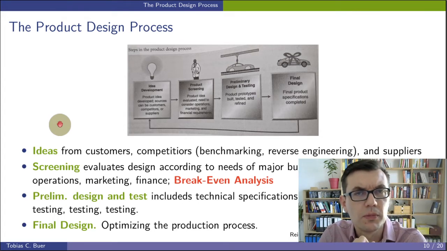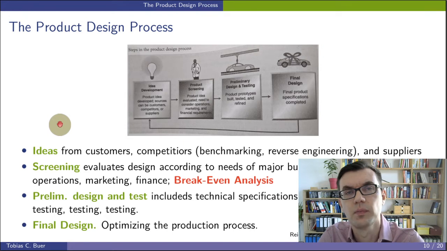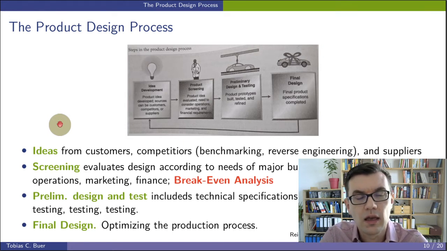Do we need more machines? Do we need new machines, different machines, in order to manufacture this product? Can we use our existing workforce? Do we need more employees? Do we need employees with different skill sets in order to manufacture this product? These are questions that the operations department can deal with.